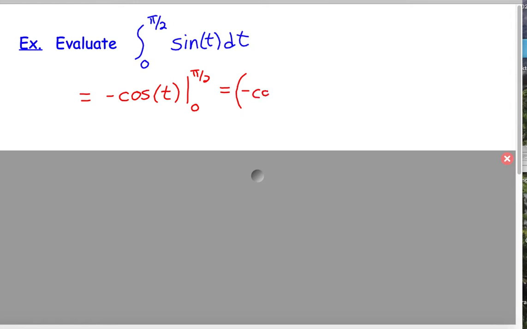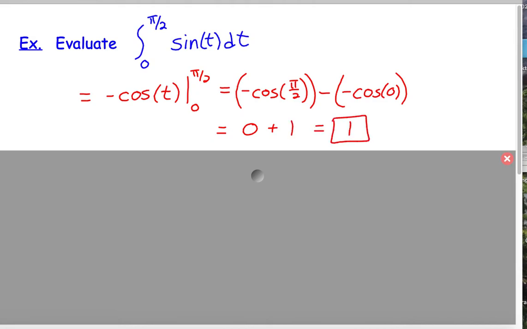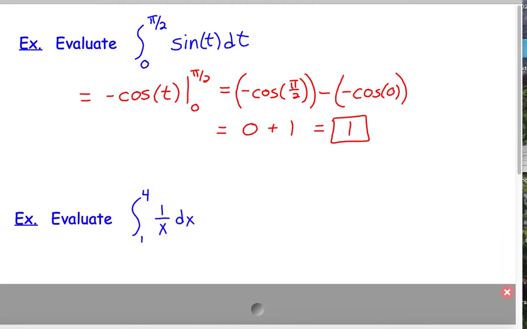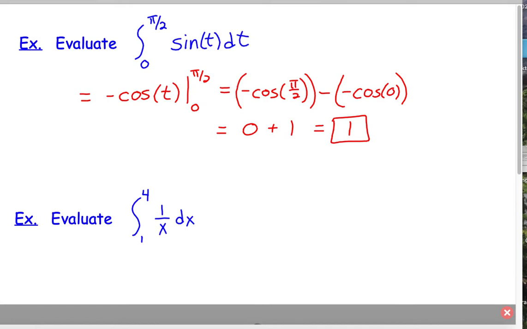So negative cosine pi over 2 minus negative cosine of 0. Cosine of pi over 2 is 0. And that becomes a plus, and the cosine of 0 is 1. So we get a positive 1 for an answer. Okay, go ahead and try this one.